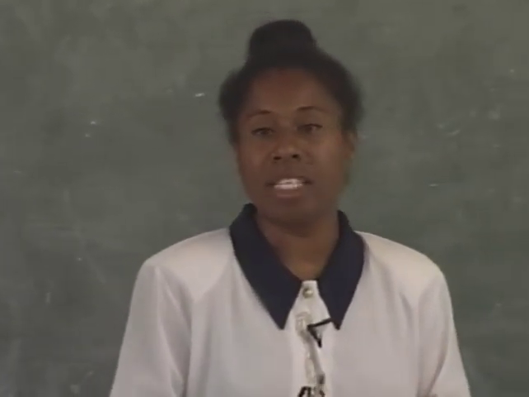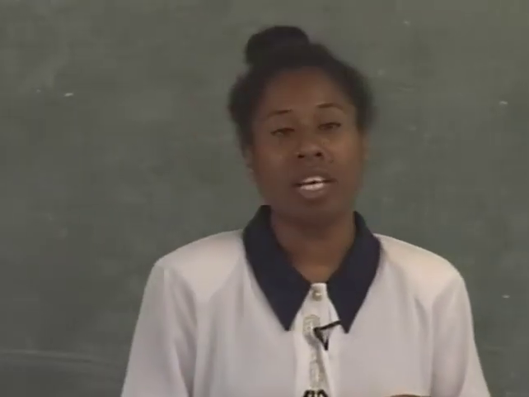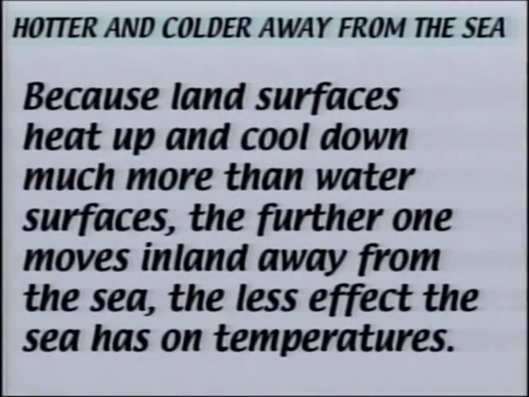Okay, now we come to looking at the relationship between temperatures and the distance from the sea. The information tells us that because the land surfaces heat up and cool down much faster than the water surfaces, the further one moves inland away from the sea, the less effect the sea has on temperatures.